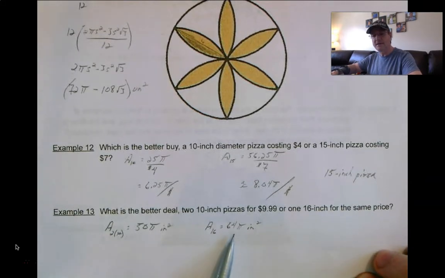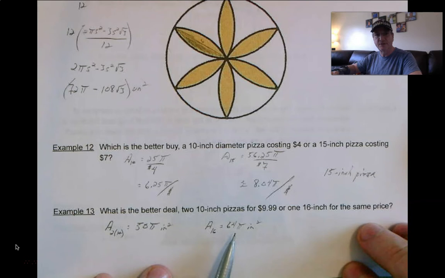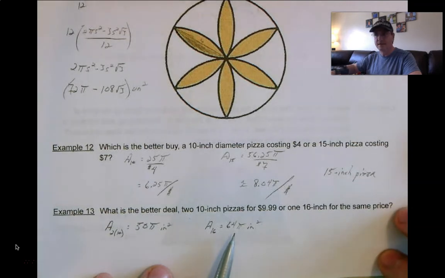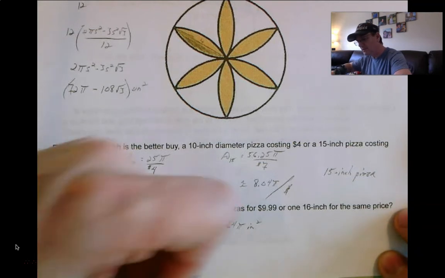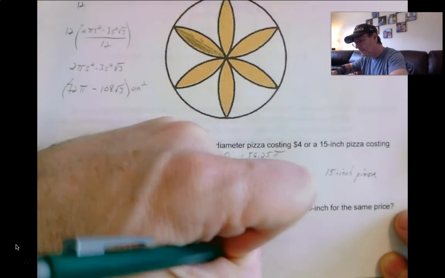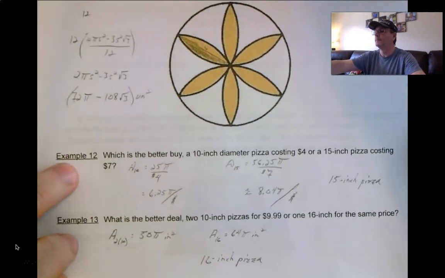I'm getting 14 pi inches squared more, so 14 times pi. I'm getting almost 44 square inches more pizza with the second deal. That's like a 6.5 inch by 6.5 inch square amount of pizza for the same price. So what's the better deal? The 16-inch pizza in this problem was the better deal.